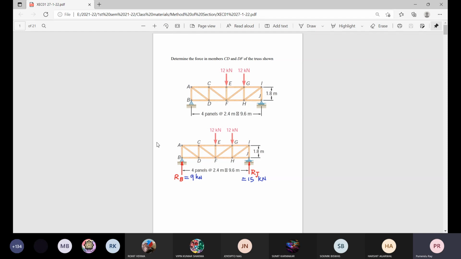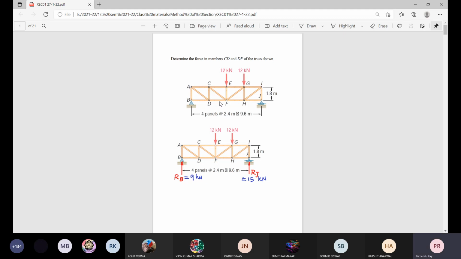The first step, conventionally, find out the reactions at the supports. Then we go for these members where you have been asked to determine the force in members CD and DF. So you have to select a section which should pass through CD and DF.